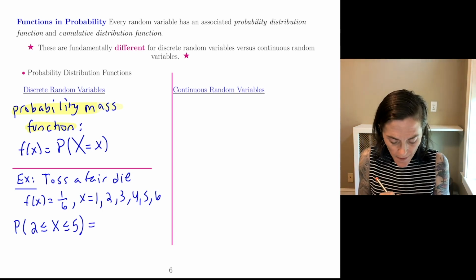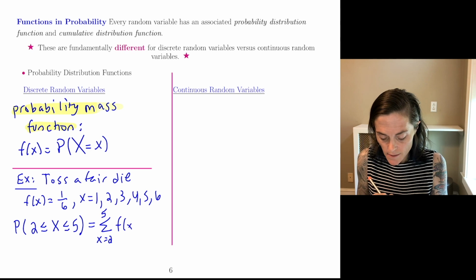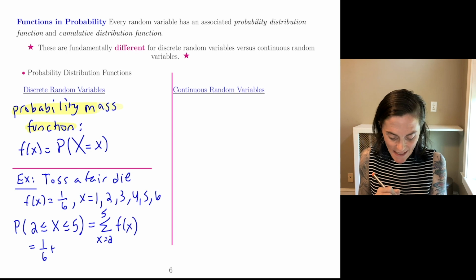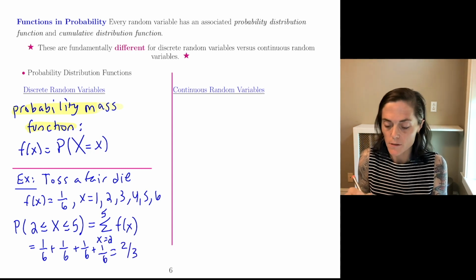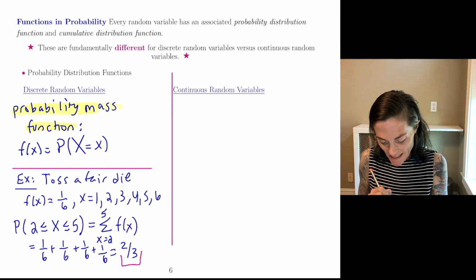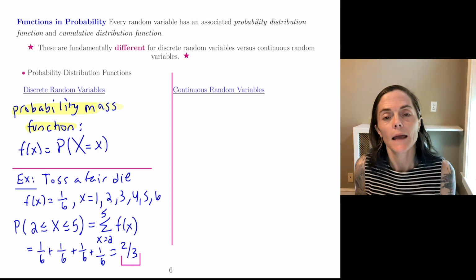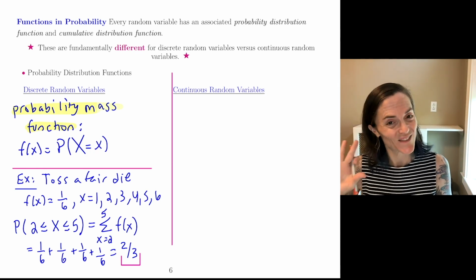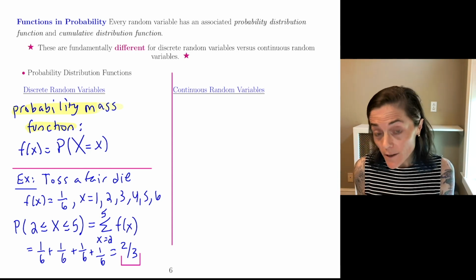So this would be a sum from x equals 2 to 5 of f of x. And in this case, we just have 1/6 plus 1/6, 2, 3, 4, and 5, which is 4/6 or 2/3. Okay. What I wanted to illustrate, though, was that when you have a discrete random variable, if you want to calculate the probability over a range of values, we add. This is very important. Now, continuous random variables is very different.